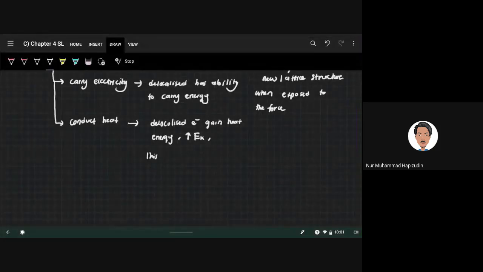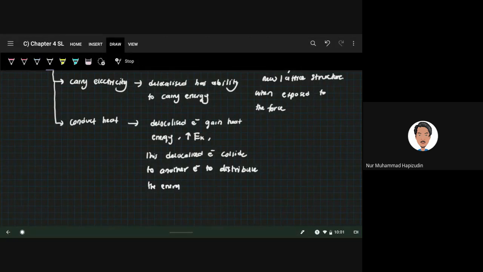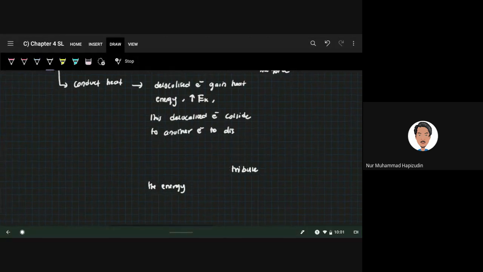So this delocalized electron akan collide to another electron to distribute the energy. So this is how metal conducts heat.